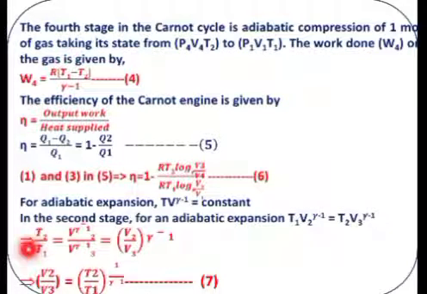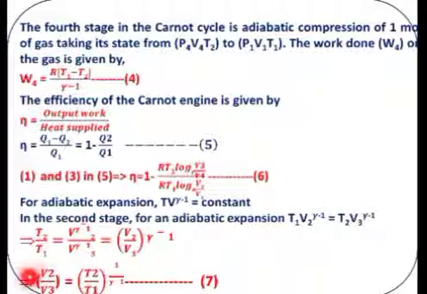T2 divided by T1 is equal to V2 by V3 raised to gamma minus 1. So V2 raised to gamma minus 1 and V3 raised to gamma minus 1 is nothing but V2 by V3 raised to gamma minus 1.